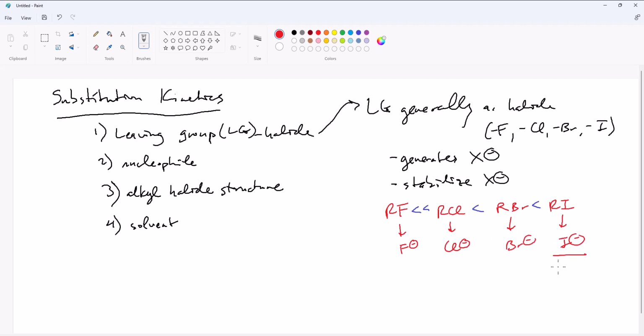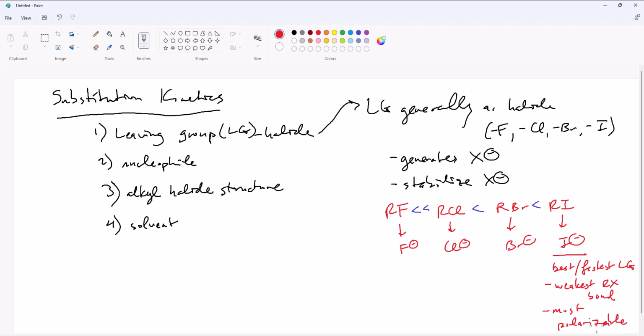I minus is going to be, for a couple reasons, the best or fastest leaving group. It has both the weakest RX bond, and I minus is the most polarizable.